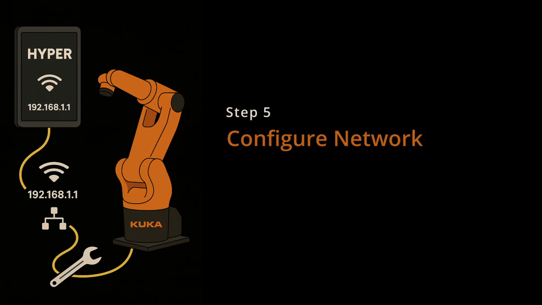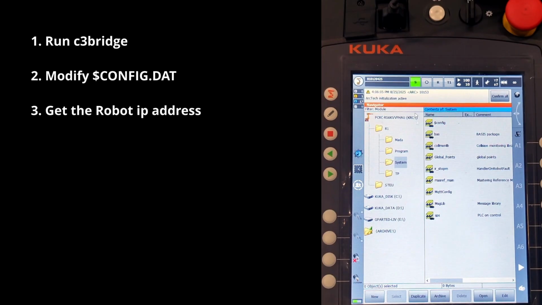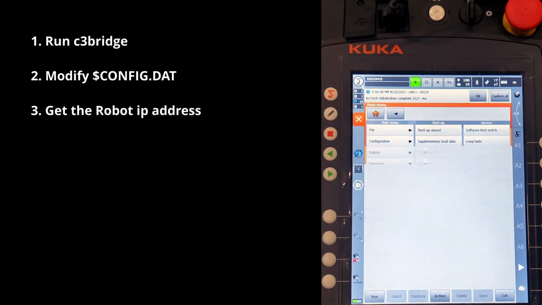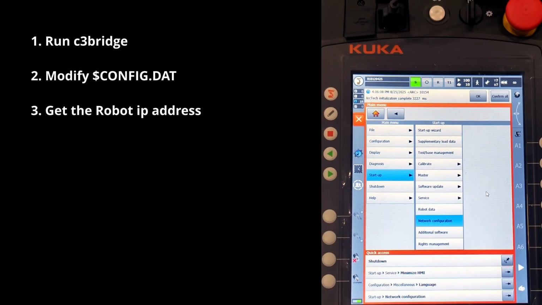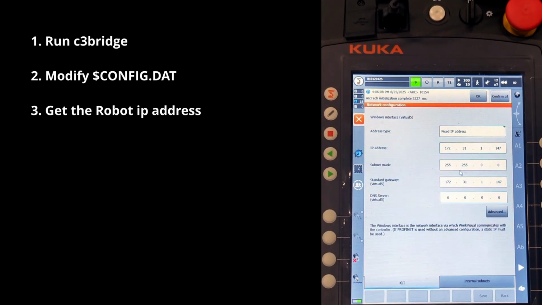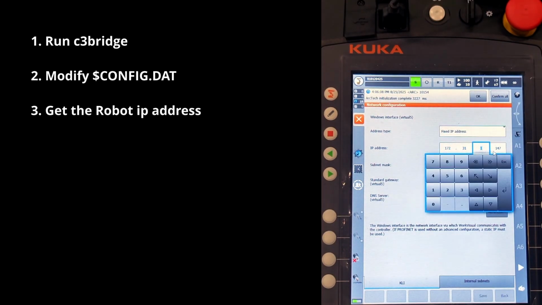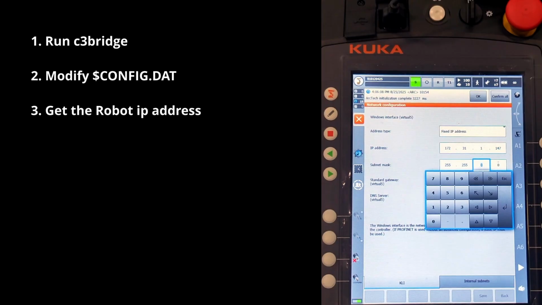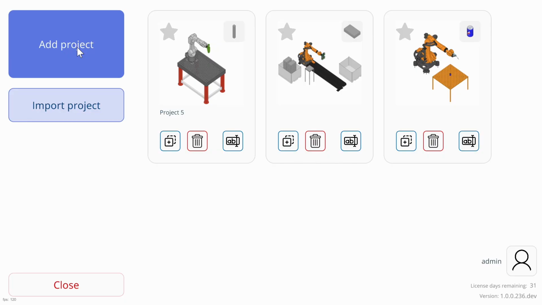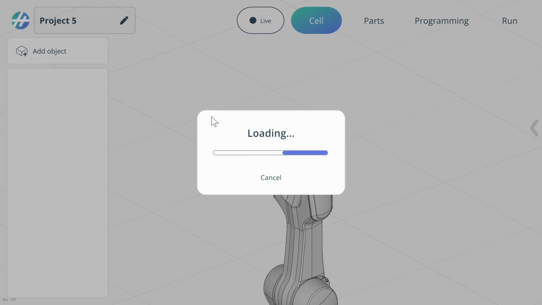Now configure networking. You need the robot's IP address so we can connect via Ethernet or Wi-Fi. Open the network settings on the robot and note the IP address and subnet mask. Back in ENCY Hyper, open your project and go to Project Settings via the Home menu.